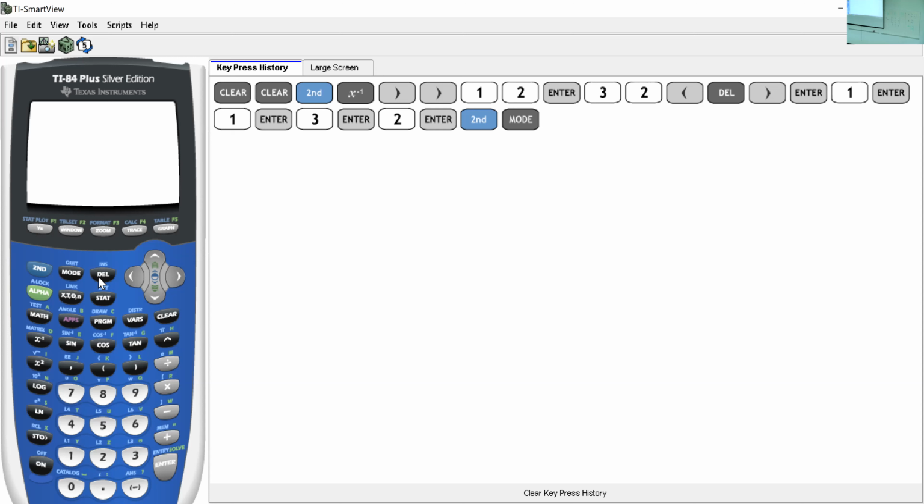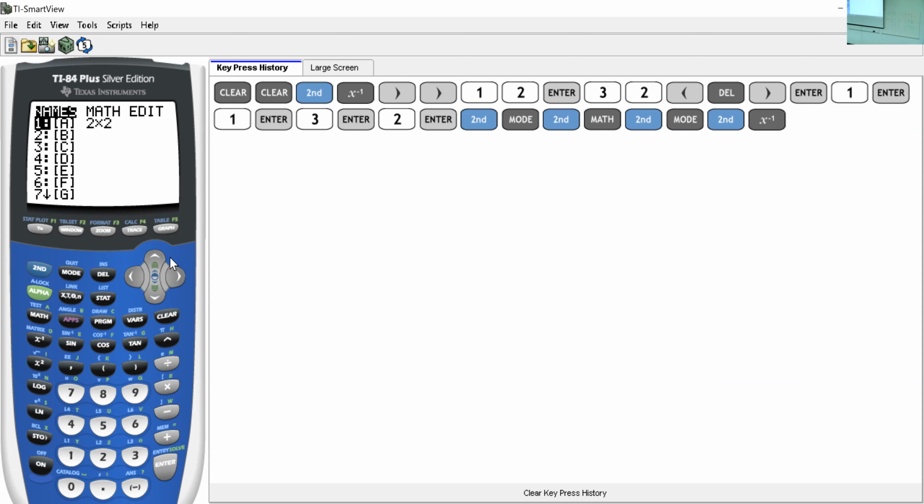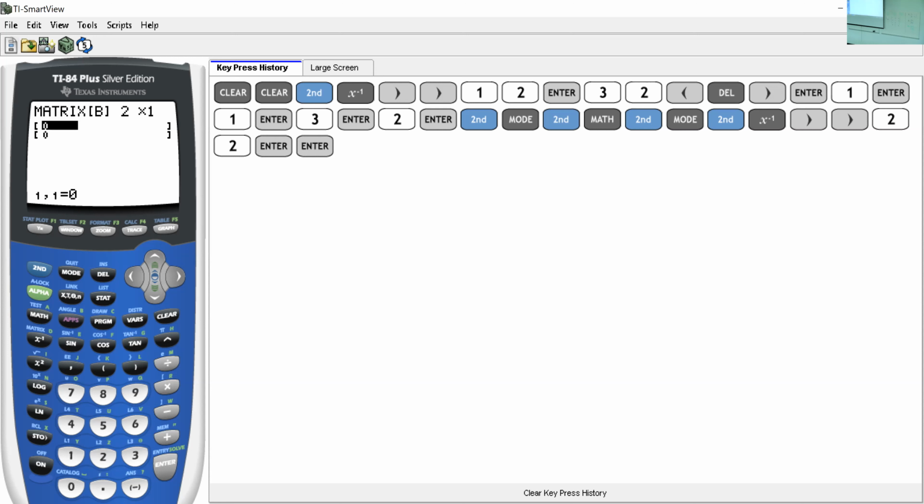So the next one that I would define would be B. So second matrix, number 2, which is the matrix B. How many rows does the vector, as a matrix, have? 2. How many columns? 1. Good. Fill in the values. 5, 14. Good.